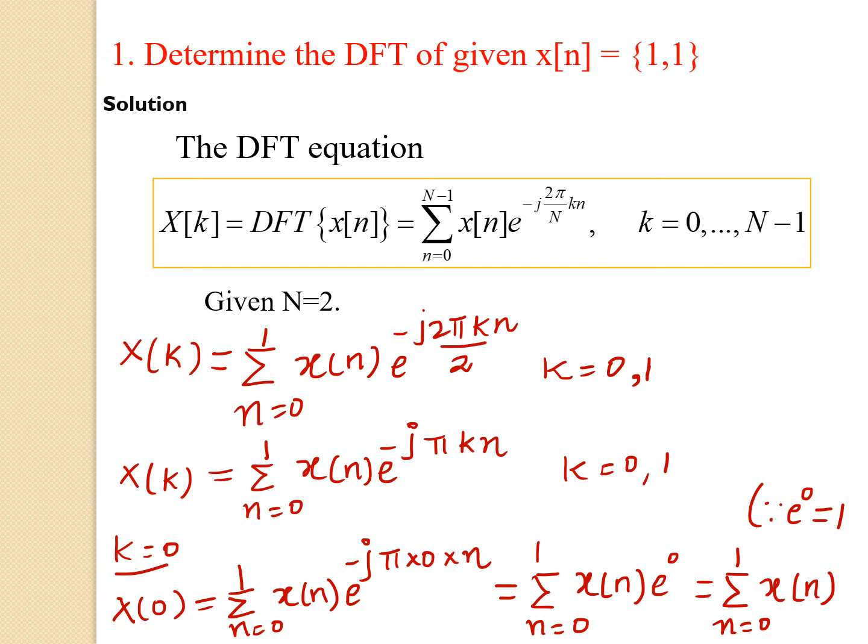So simplifying that expression, we are writing it as summation n extending from 0 to 1 x of n into e power 0. So the value of e power 0 is equal to 1. So substituting in this simplified expression, we will be getting only summation extending from n is equal to 0 to 1 of x of n. On expanding this summation, we will be getting x of 0 plus x of 1.